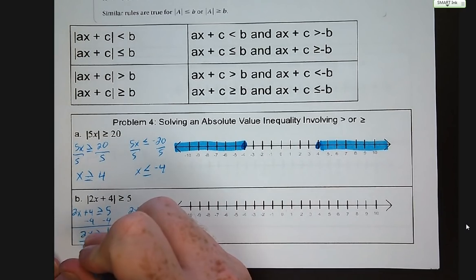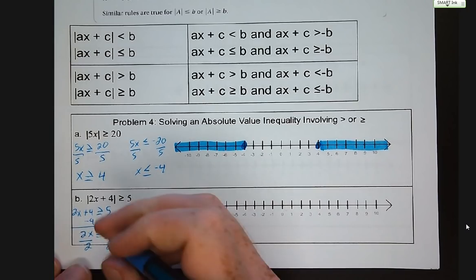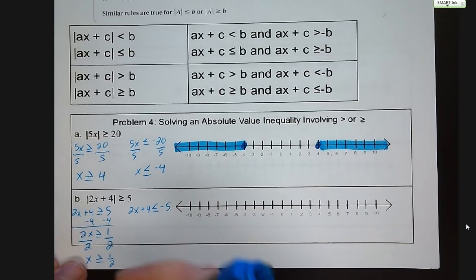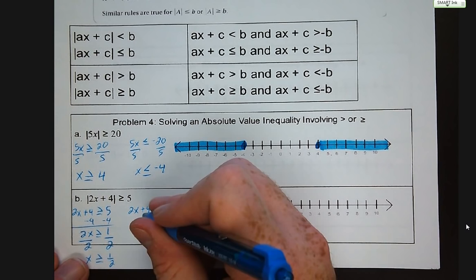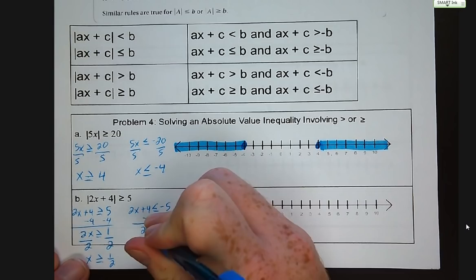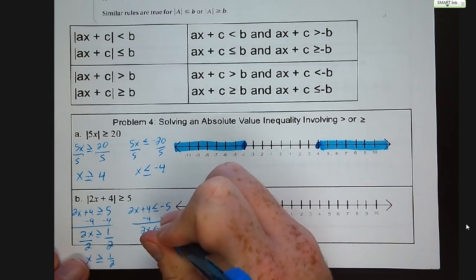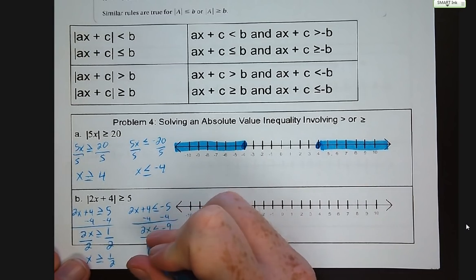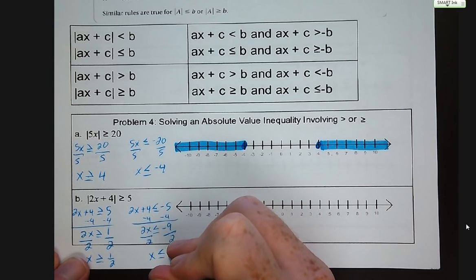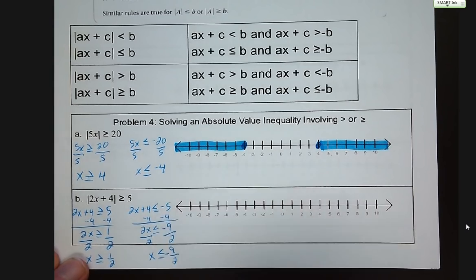Divide both sides by 2. x is greater than or equal to 1/2. Second inequality, we're going to subtract 4 from both sides. 2x is less than or equal to negative 9. Divide by 2. x is less than or equal to negative 9/2.